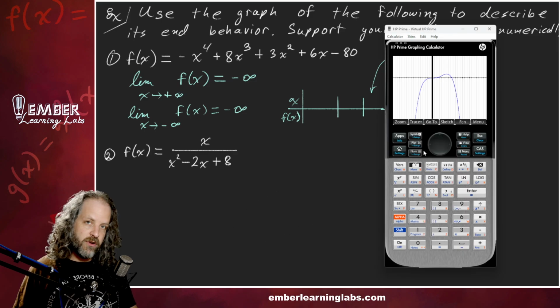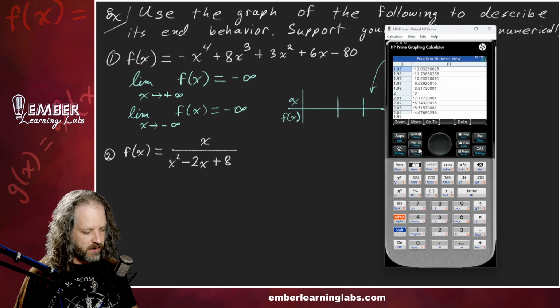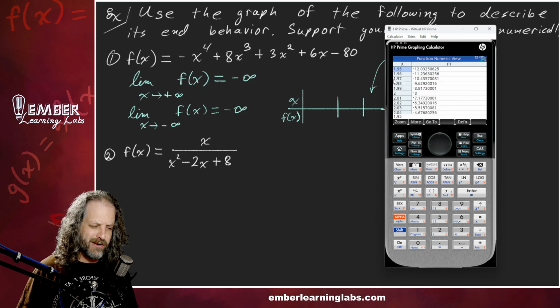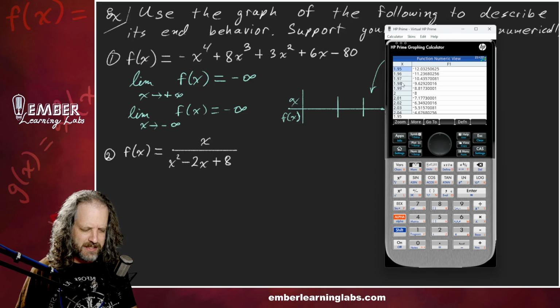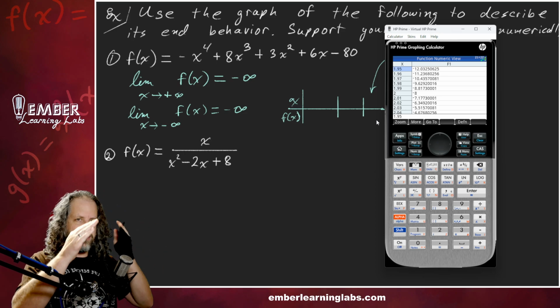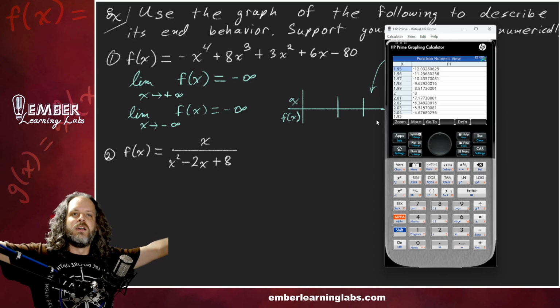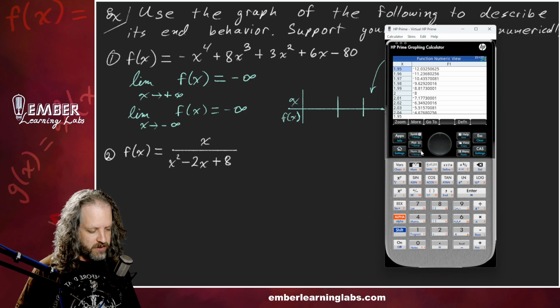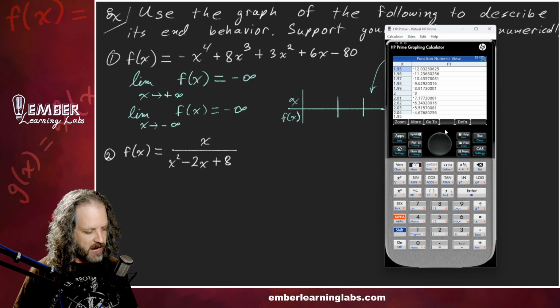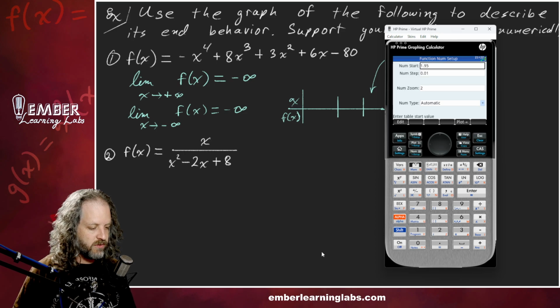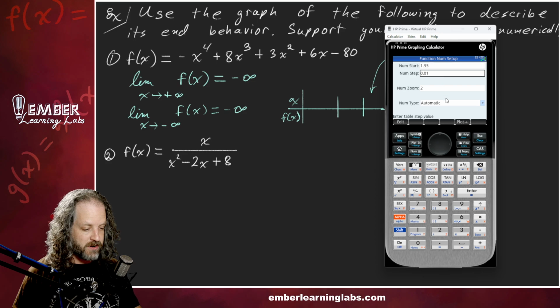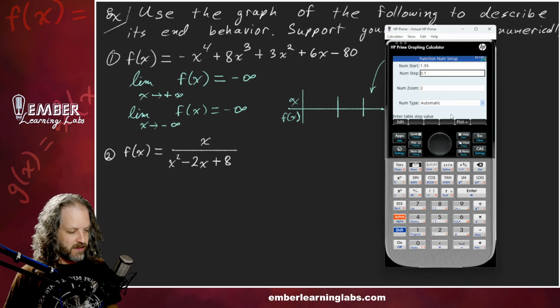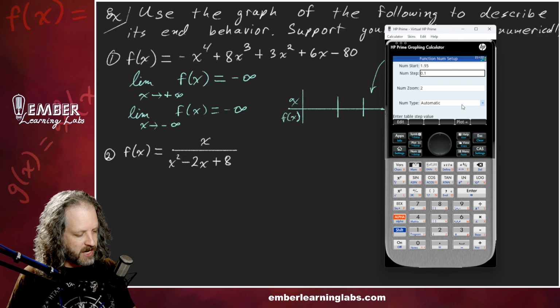Now, when we set our table, we're going to want to change that scale, because these tiny little numbers in there are close. We need numbers that are really big and really little. And so what we want to do is change the step value. So I do that this way. Your mileage will certainly change.